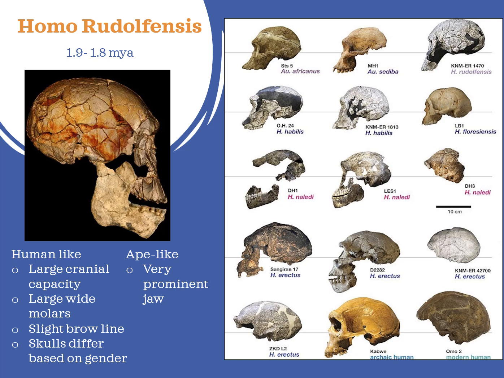Skulls for rudolfensis have a larger cranial capacity and large wide molars. The brow line isn't as strong, and the bones are dimorphic, which means that the bones differ slightly when it comes to gender. So males have a more prominent forehead and females have a softer jawline.